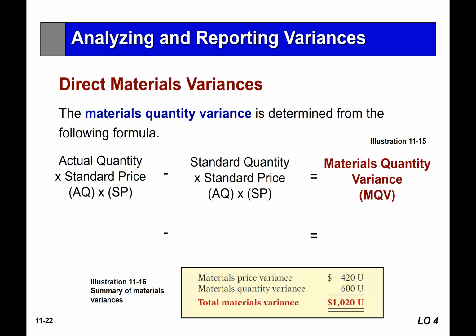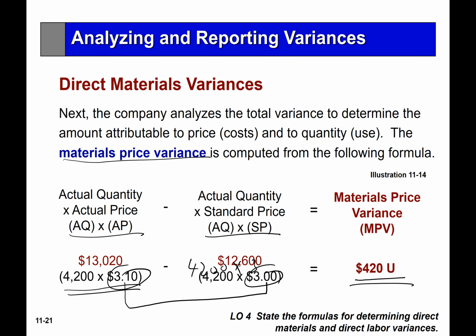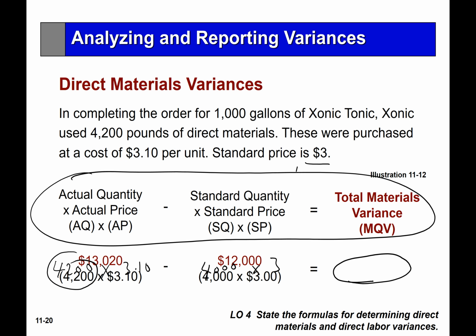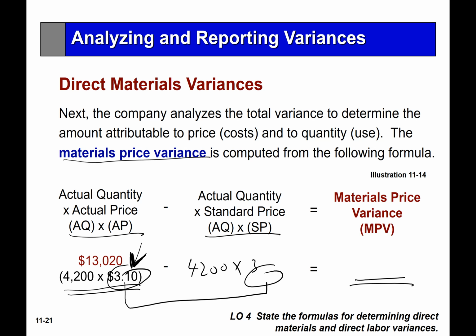Here our purchasing department person is buying at an expensive price, so we know who to talk to, because this is coming from a price variance of 420. Out of the 1020 unfavorable variance, 420 of it is coming from your purchasing department because they're buying material at a higher price.